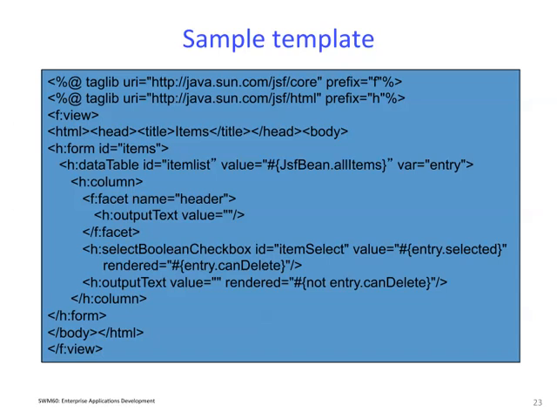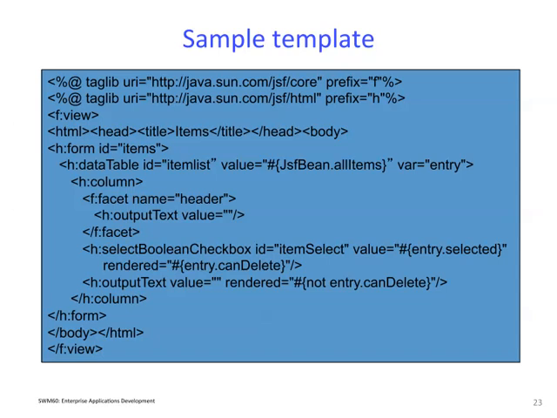So within that table we have a column with a facet name as a header of the column, output text that goes in that column, and we close the facet tag.